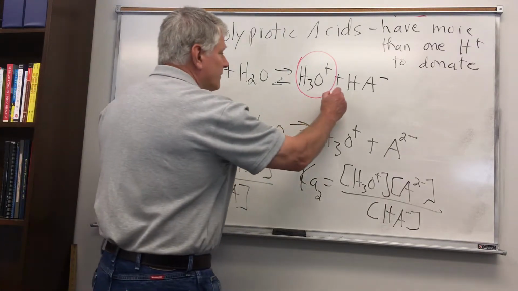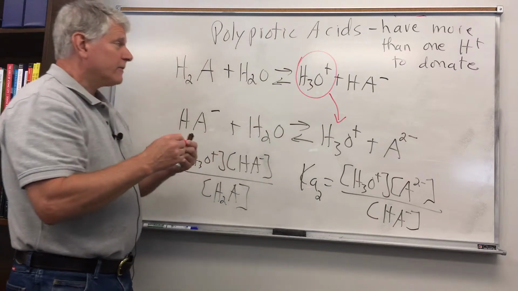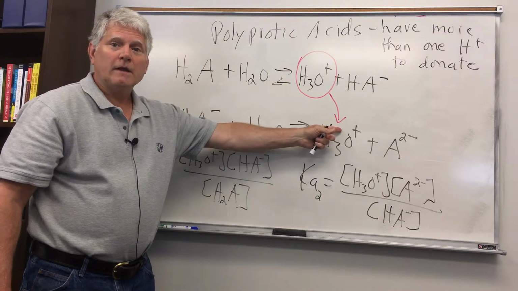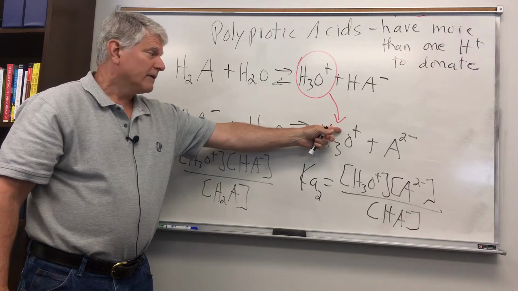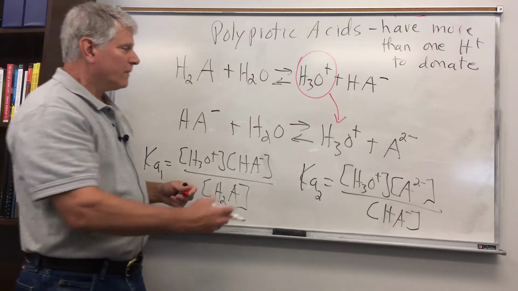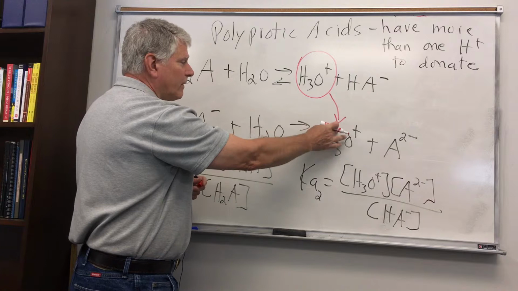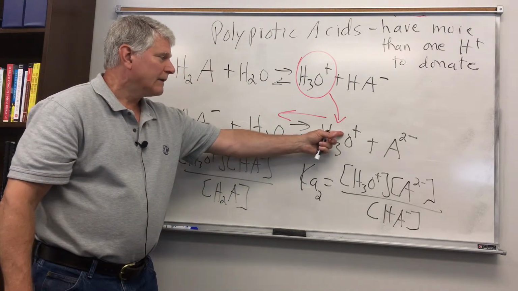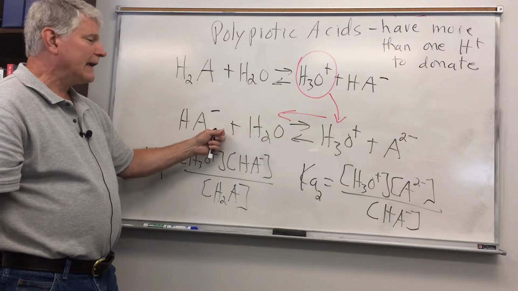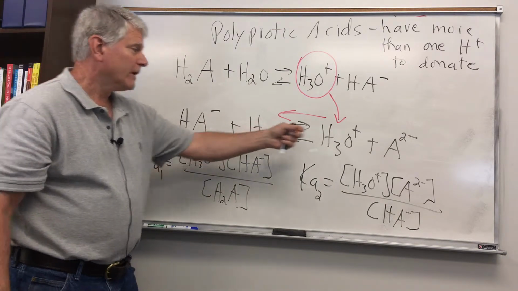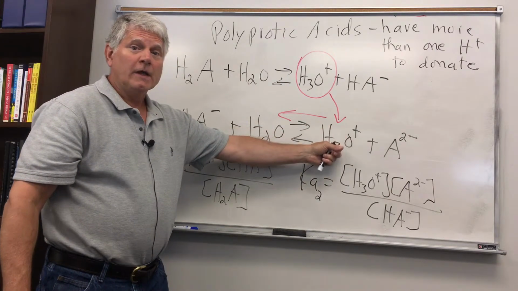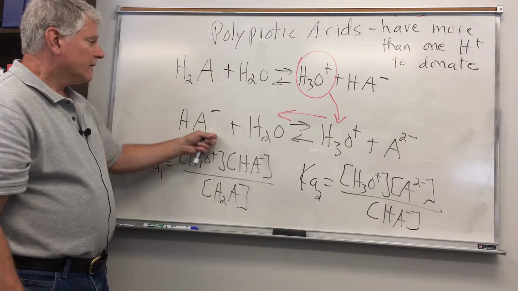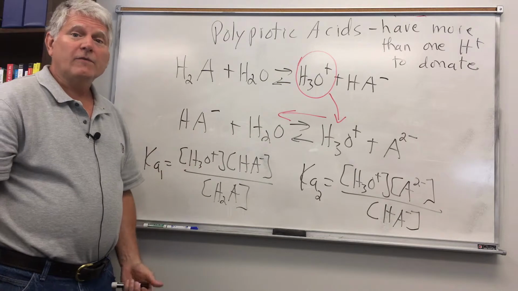Well, since we've already formed H3O+ from the first reaction, this is a product in the second reaction, and so the fact that we're forming H3O+ from the first reaction drives the second reaction back toward the reactants because we have too much product now for this second equilibrium. So it inhibits the second reaction even further.